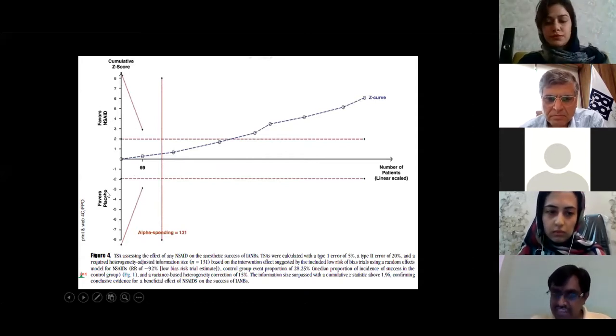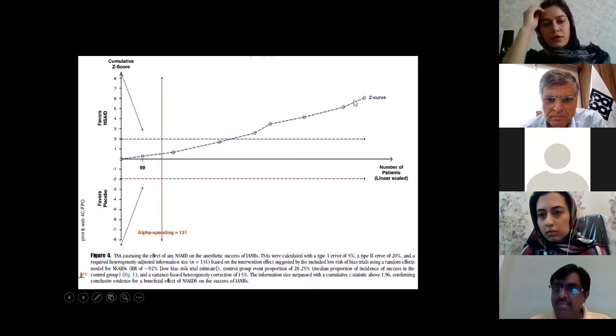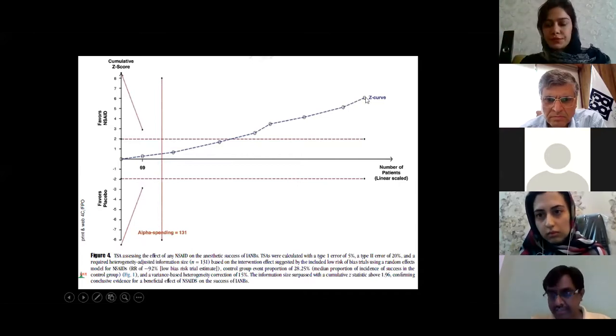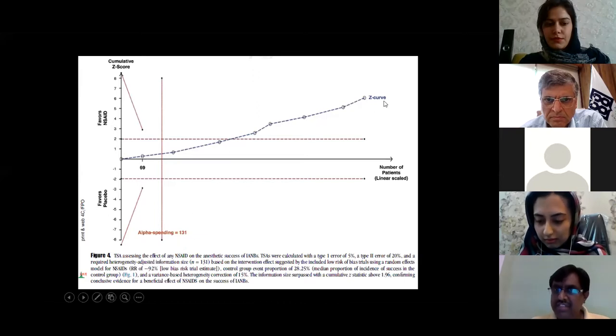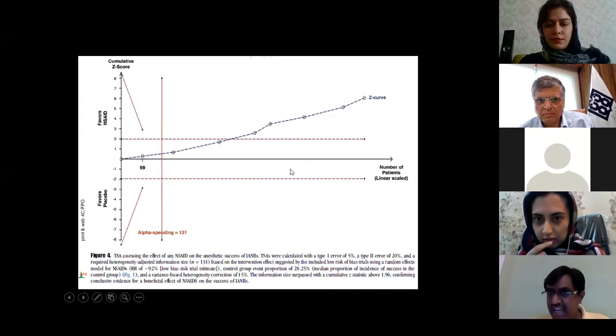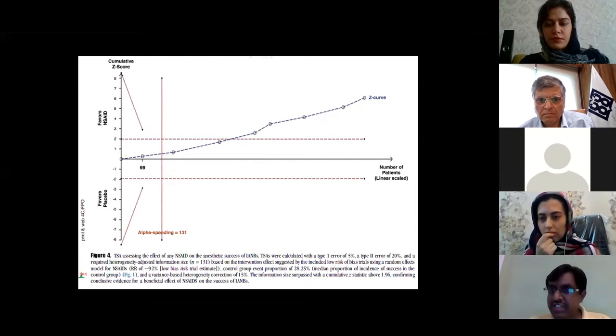For the results of the meta-analysis, I am taking my Z curve till here. The number of samples I require to confirm the result is only 131. But my sample size is far ahead. So I can confidently show that NSAID is better than placebo. You got the point now, right? So this is the take-home message from trial sequential analysis.